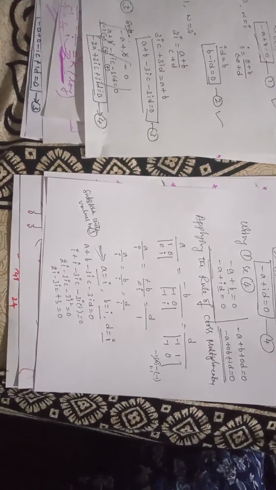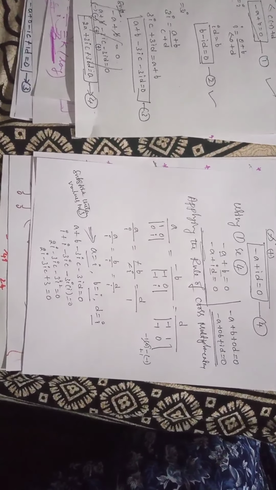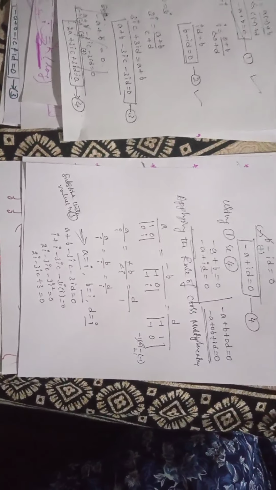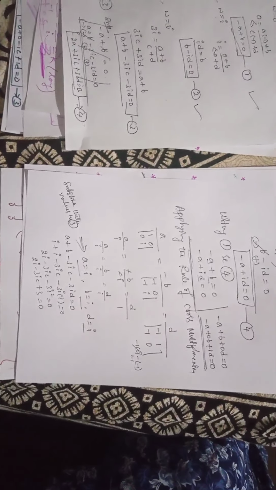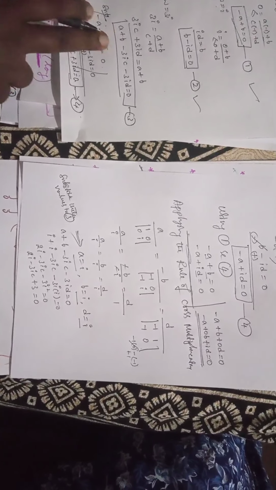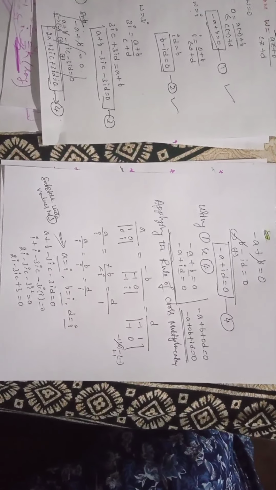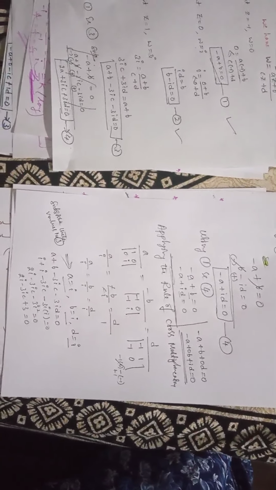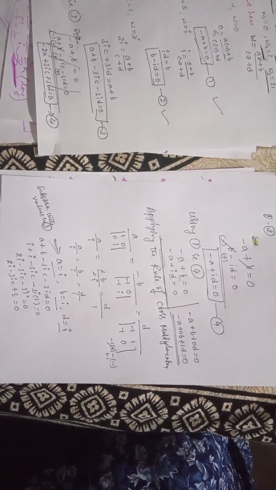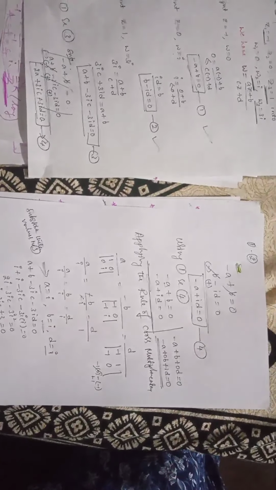Equation number 3 is correct: a plus I minus 3ic minus 3id, that is correct.